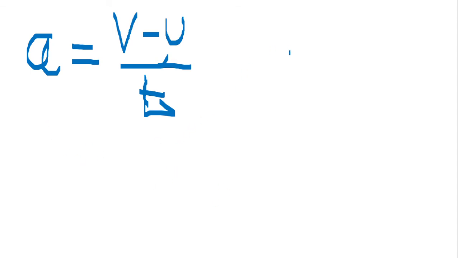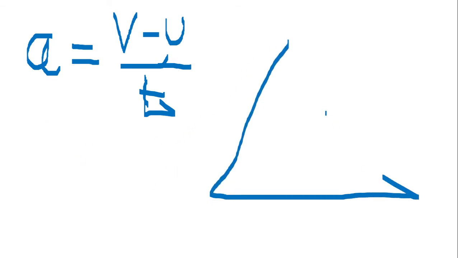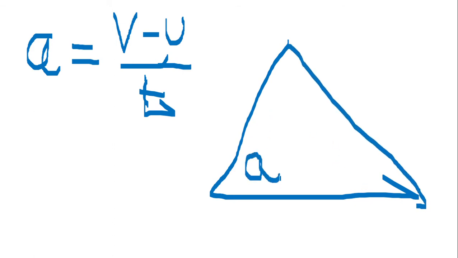Now you just draw the triangle and write a here, v minus u, which can also be written as delta v, and then time here, and introduce the division sign on the top and then multiplication sign down here.